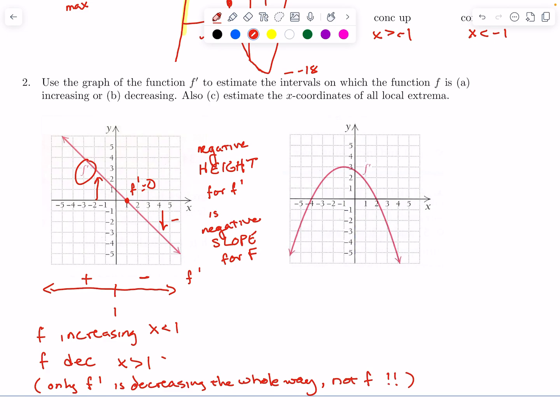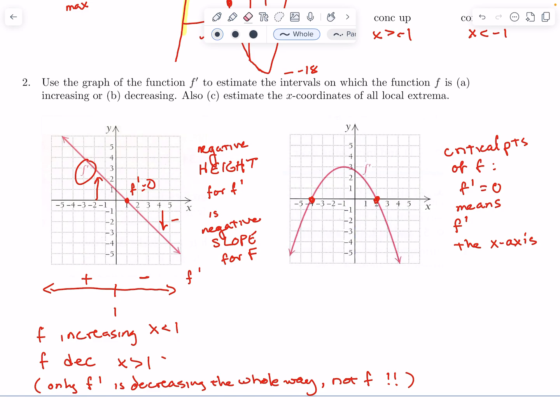Okay, find the critical point. Let's not say crosses, because critical points are less fussy than inflection points.